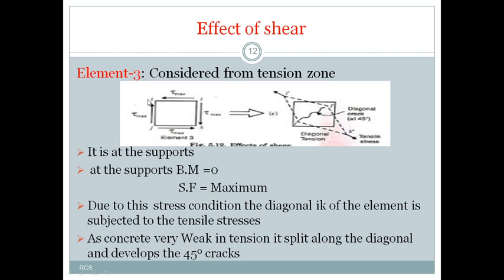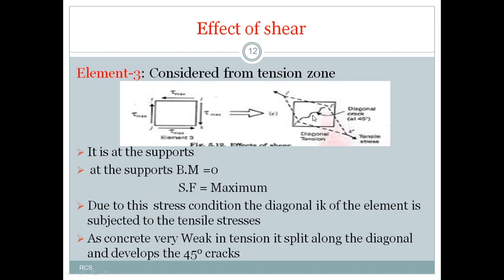These tensile stresses try to drag these two corners of the element in this fashion. So it is the initial position of that element, and after application of pure shear here, tensile forces are developed, and due to that, tensile stresses occur. Due to those tensile stresses, this element will take the shape of a rhombus like this here.